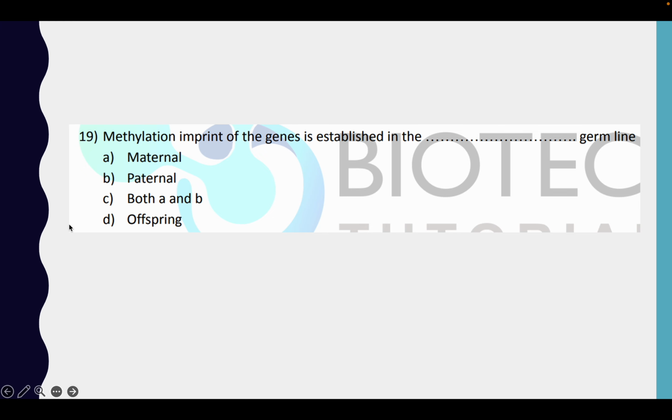So the correct answer here is both maternal and paternal. Okay. Methylation imprint is established in both the germ lines, both paternal and maternal. So DNA methylation is irrespective of the gender, as it is an essential epigenetic mark crucial for normal mammalian development.